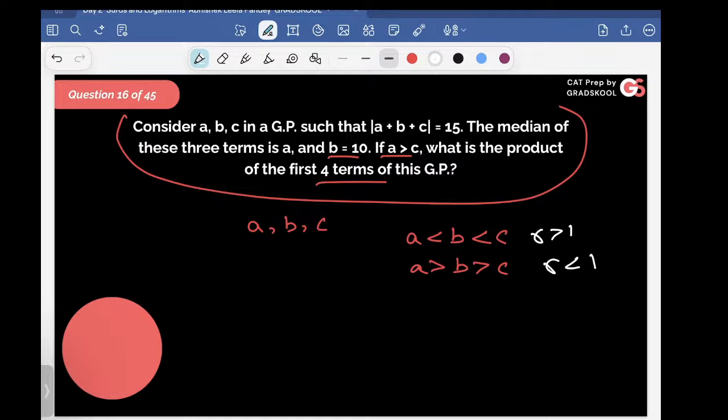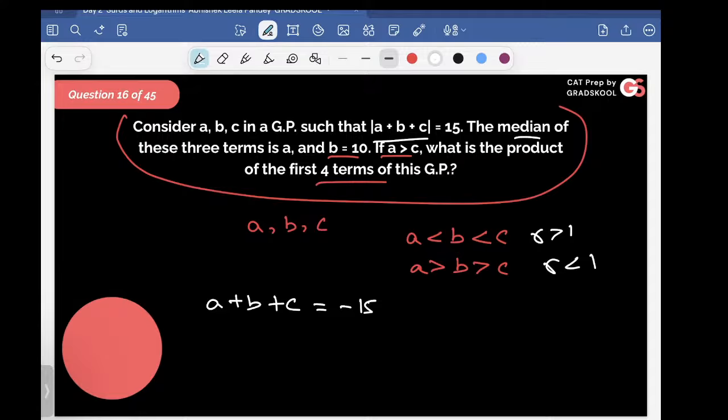Exactly, that's right. So A plus B plus C, if you open the mod, it must be minus 15. It can't be plus 15. That is the thing over here. This is a very nice question, I must say, which involves the median and modulus at the same time inside progressions, isn't it?